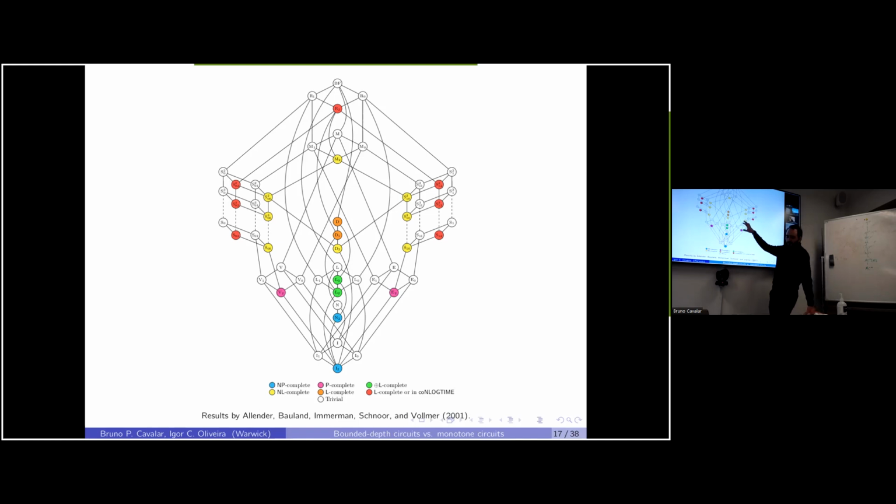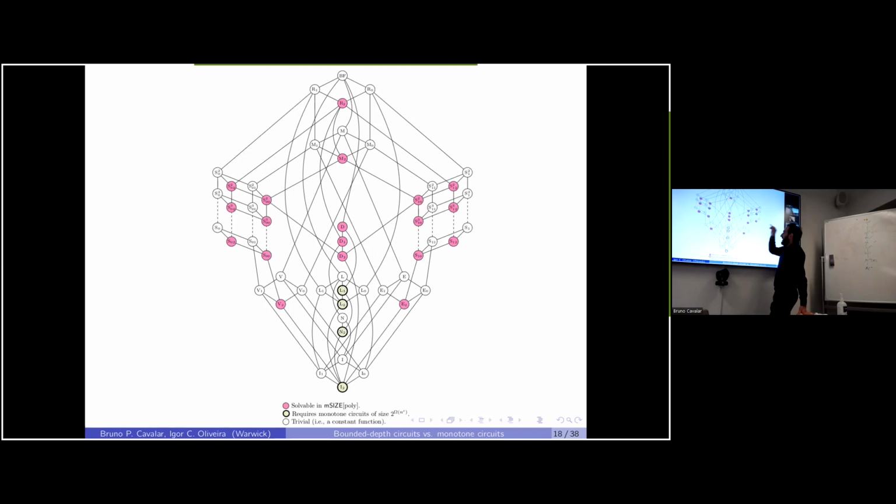And what these things are doing is they're capturing somehow the symmetries, how much symmetry you have in your system of constraints. So the more symmetric you are, you go higher in the hierarchy, right? You have more symmetry, so you can exploit that symmetry and solve the problem. Less symmetry, less structure, then you become harder.